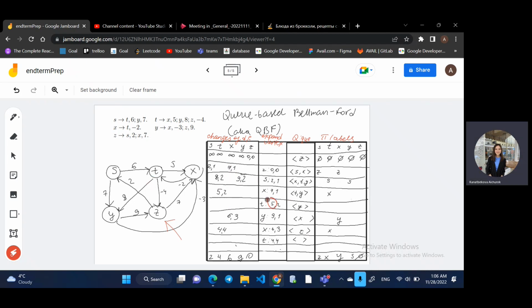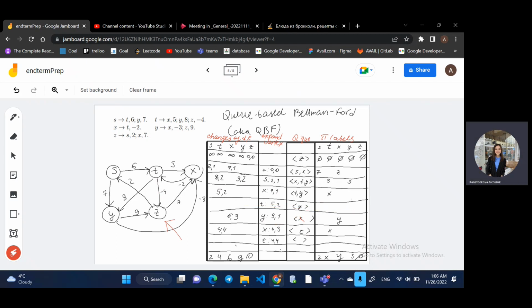And then 5 plus 8 is 13, and Y has cost 9, so also no need to change it. And as for Z, it's going to be 5 minus 4, but we have 0 and 0, so it's not a better option. So we don't do anything in this iteration.